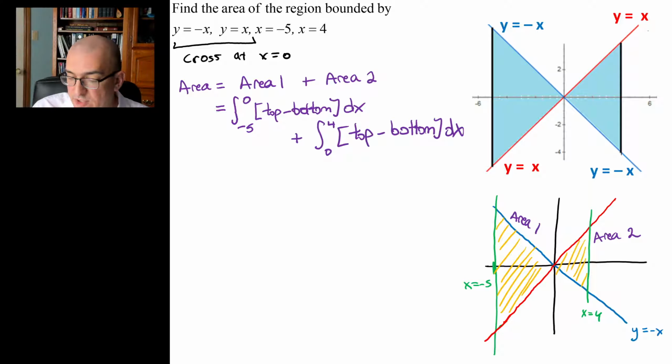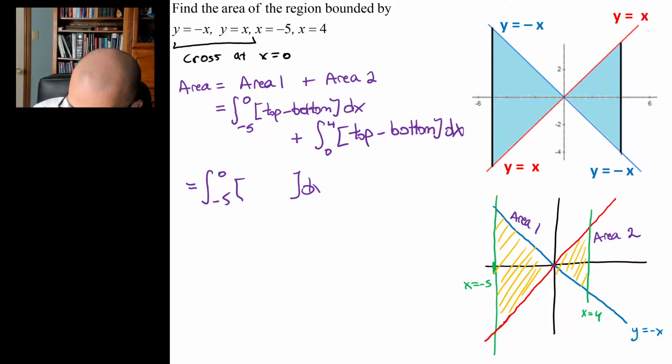And the role of which function is on top and which function is on the bottom changes in each of these two areas. I'm just going to make a template here and fill in the template.